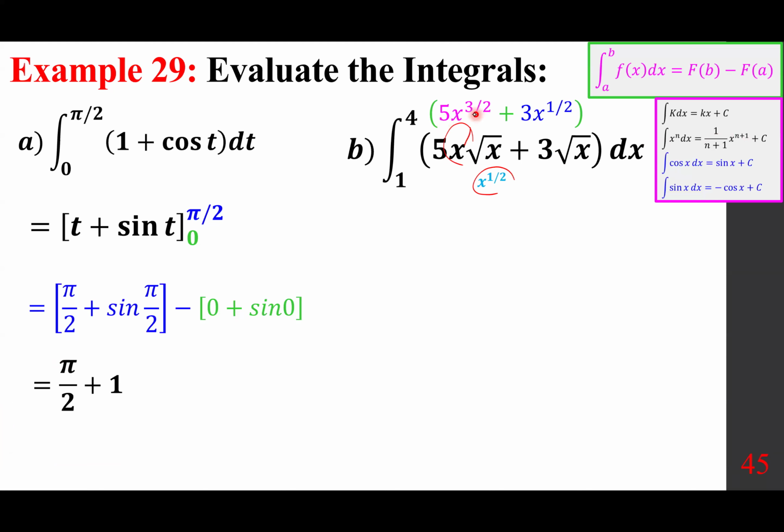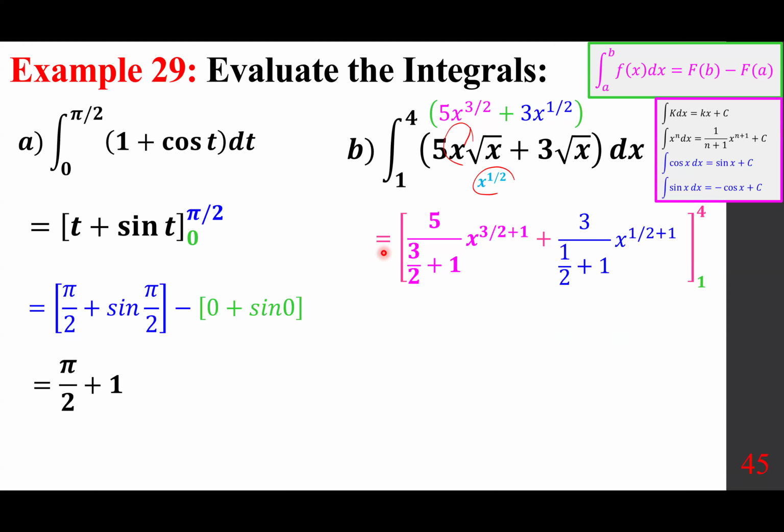So 5 over 3/2 plus 1, x to the power of 3/2 plus 1. Second one, 3 over 1/2 plus 1, x to the power of 1/2 plus 1. And we're going to evaluate it from 1 to 4.